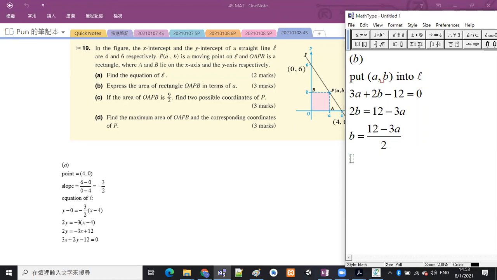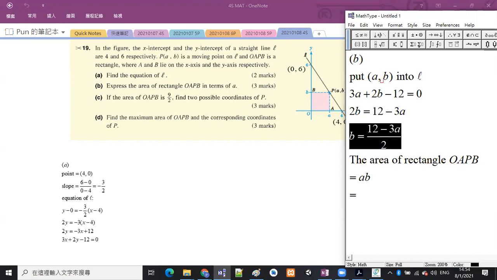And now we can go back to answer the question. The area of rectangle OAPB should be equal to A times B originally. But B is not allowed to appear in our answer. So I just use this relationship to change the B to be 12 minus 3A over 2 in terms of A. So it is A times 12 minus 3A divided by 2.